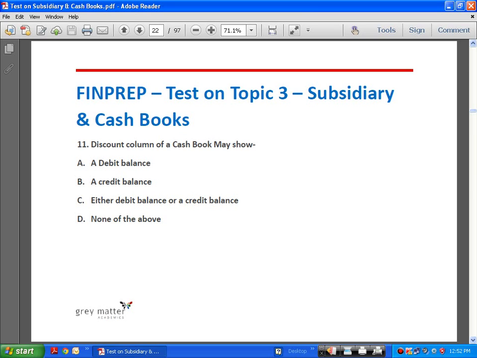The discount received column and the discount allowed column in a 3-columnar cash book are only memorandum columns. They are not balanced, they are only totaled, and the totals are posted on the correct side of the respective accounts. So the discount column of a cash book is never balanced, and the answer is D, none of the above.